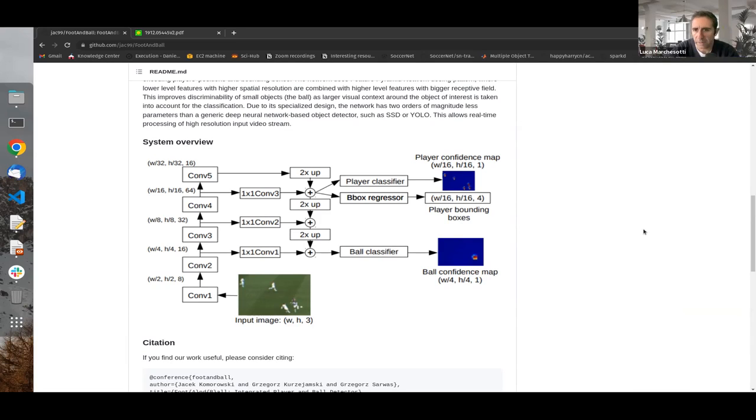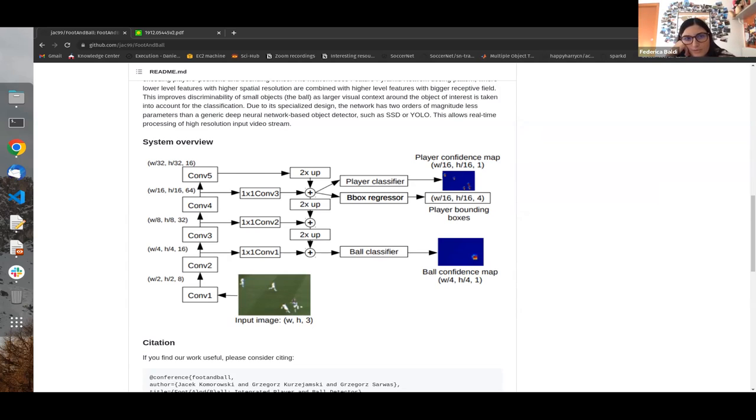Cool. Yeah. Anything else, guys? Because we're almost out of time. Yeah. I would like to ask, but it's my curiosity, why with this combination of high-level features and low-level features, we can, for example, classify where the ball is, while for players, we just need the high-level features.